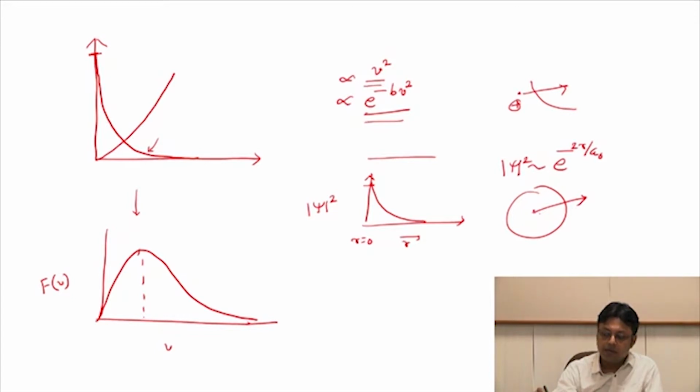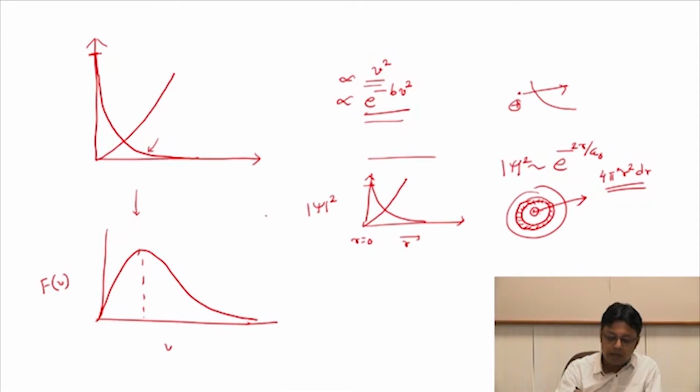You have to consider a small sphere around it, or if you go somewhere further out, a spherical shell. The volume of the spherical shell, as we already calculated, comes as 4 pi r square dr. We calculated it in terms of v as 4 pi v squared dv; it is the same thing.